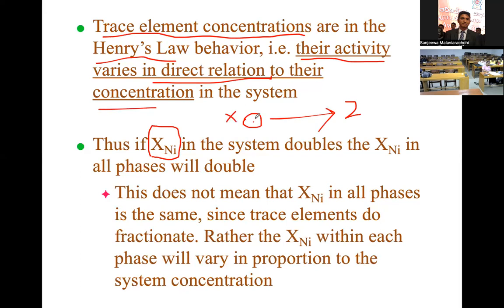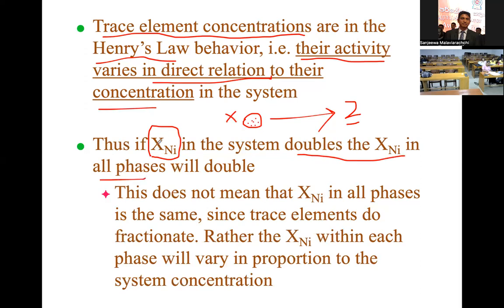Because in the system you have several phases: olivine, pyroxene, OPX, CPX, everything is there. So if you had X amount of nickel in the whole system, not in each phase, and due to some igneous process it was doubled, then it will double the nickel in the other phases.